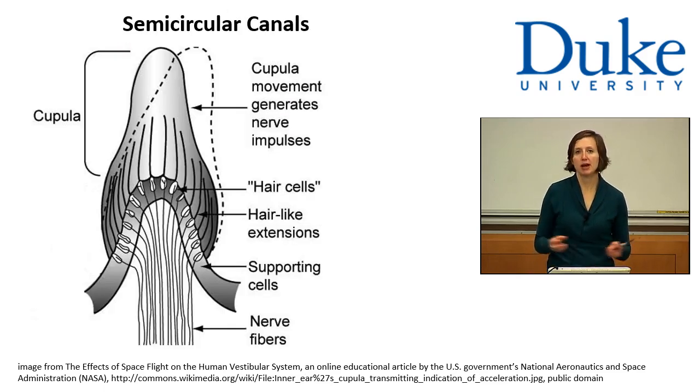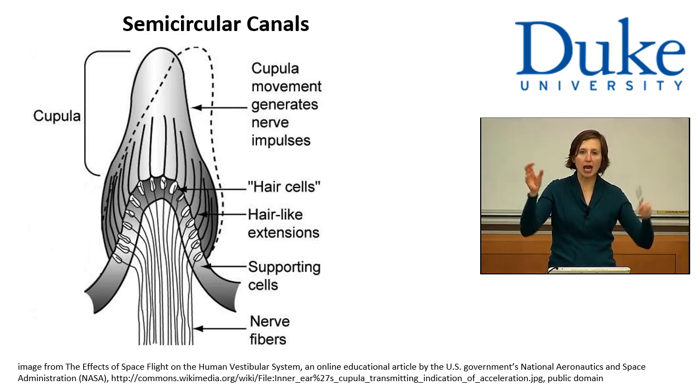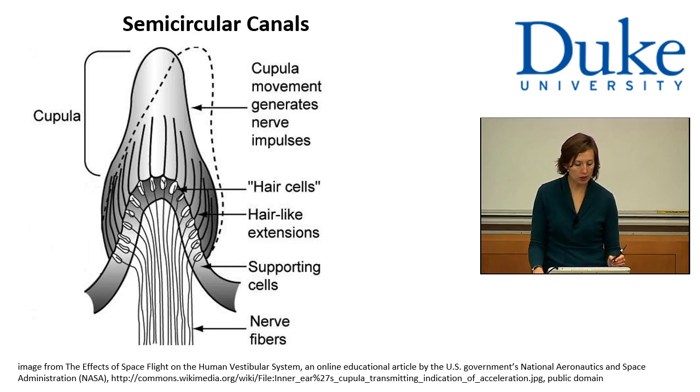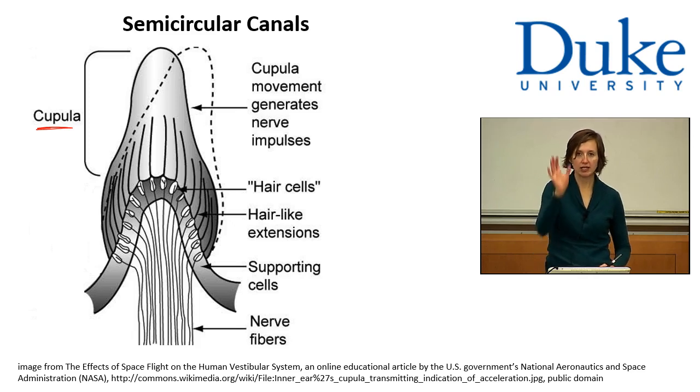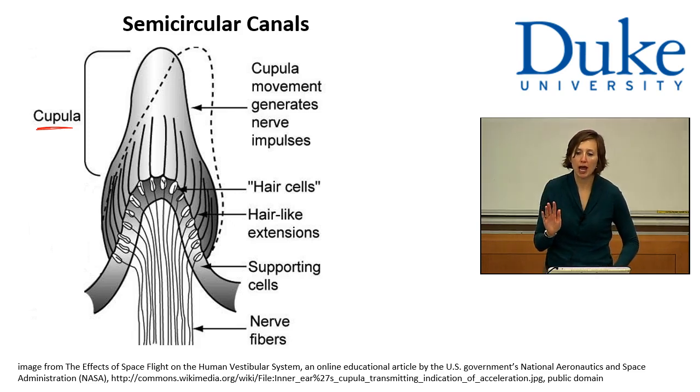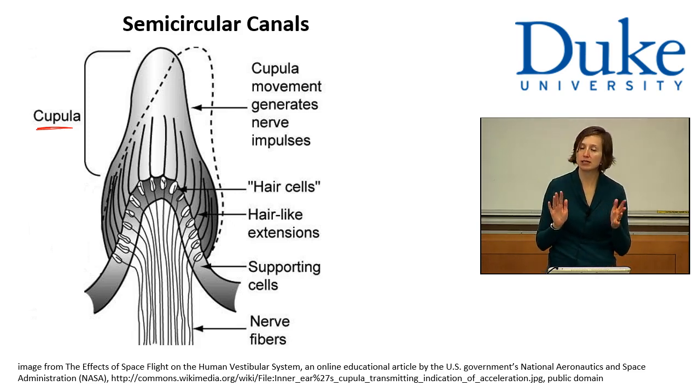So we said the semicircular canals are going to be these tubes that are full of fluid, and then sitting in the loop is going to be the cupula, which is going to be these hair cells that have extensions that are in the fluid. And so as our head rotates, the canal or the tube is also going to rotate, but the fluid is actually going to stay relatively stationary.